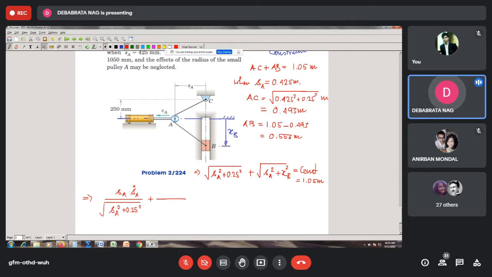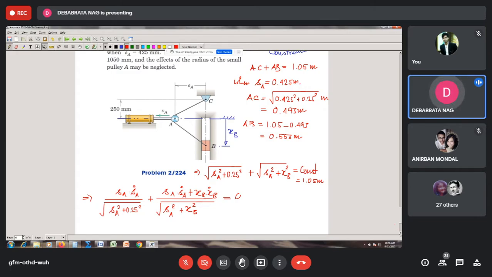Plus, now you are getting this one: root over SA square plus XB square, into SA into S dot A plus XB into X dot B, and that must be equal to 0.